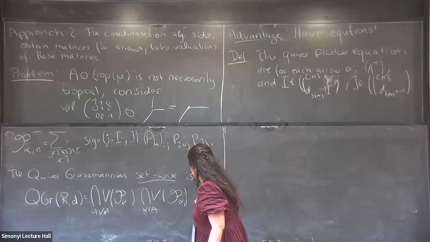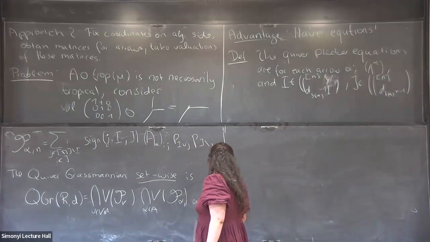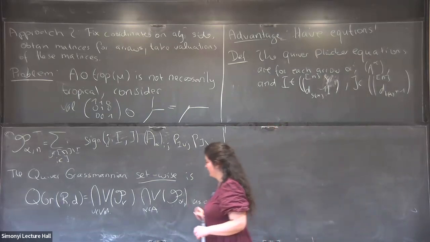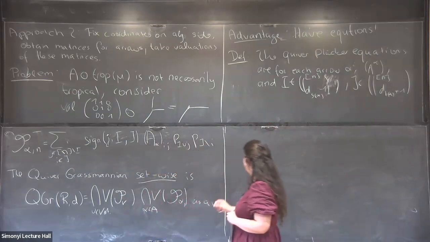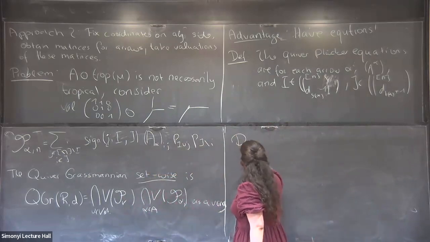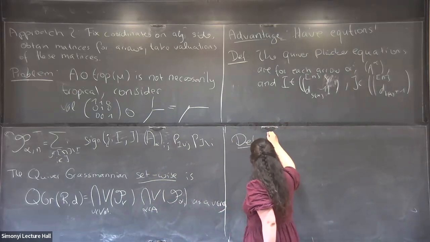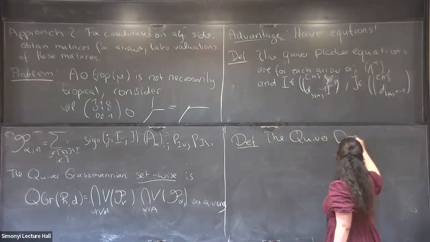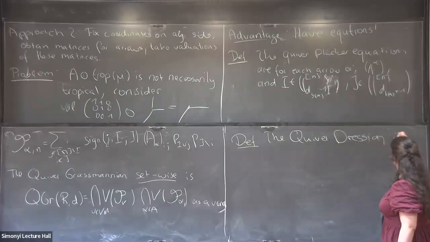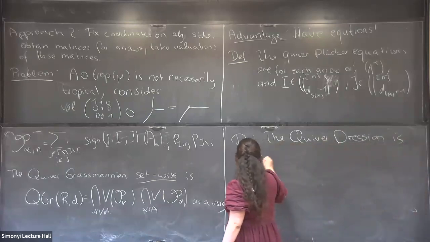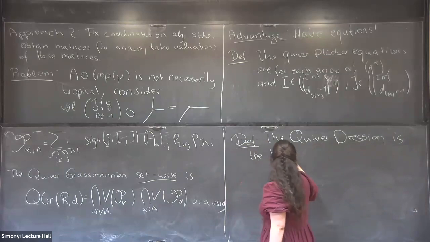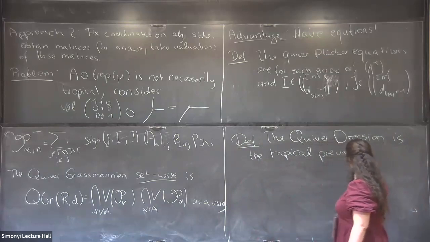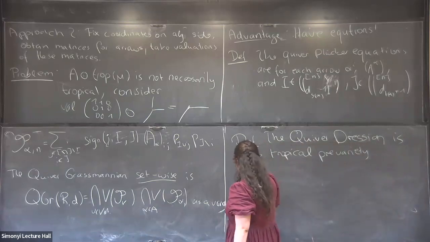So this is as a variety. Now, one thing that we can do is look at these equations and what they cut out. So we can, as a tropical parameter space, define the Quiver Grassmannian as the tropical variety cut out by these Quiver equations.